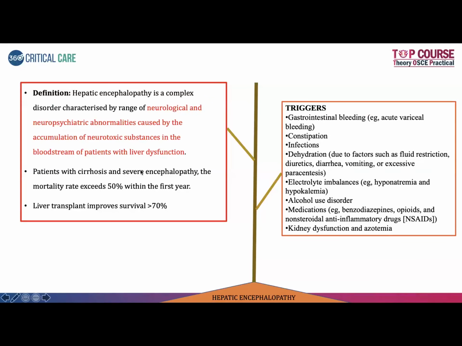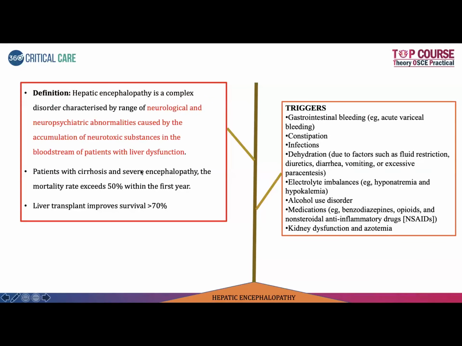Next, we'll go into another important topic, in practical aspect as well. That is acute on chronic liver failure. It is an acute hepatic insult manifesting as jaundice with bilirubin more than 5 milligrams and coagulopathy, complicated within 4 weeks by clinical ascites or encephalopathy in a patient who is previously diagnosed or undiagnosed with chronic liver disease or cirrhosis.